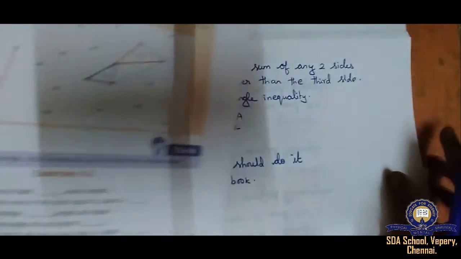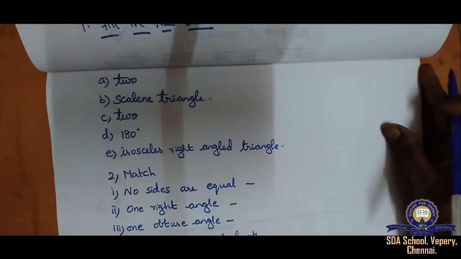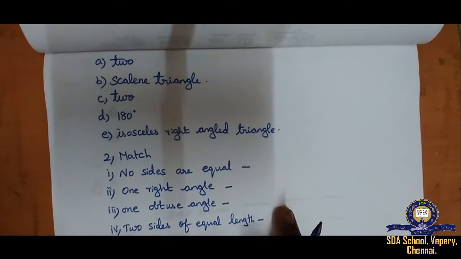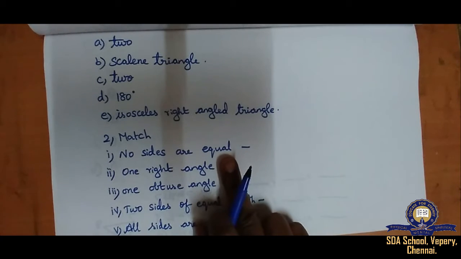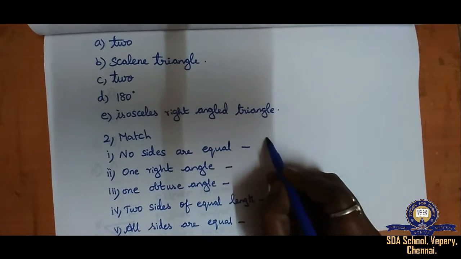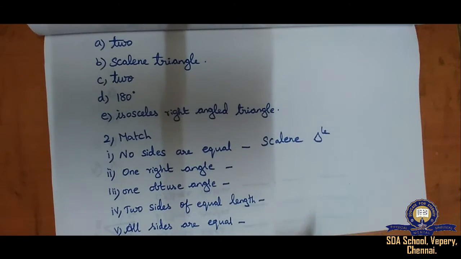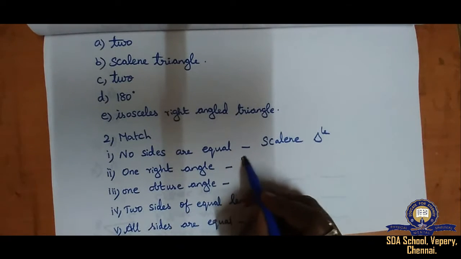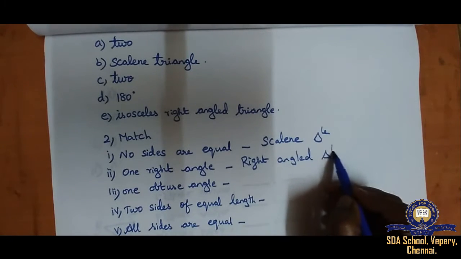Next is match the following. Here I have written the answers. You can copy down in your textbook with correct spelling. I have written the questions here. All the sides are equal means it is an equilateral triangle. No sides are equal means it is a scalene triangle. One right angle means it is a right angled triangle.